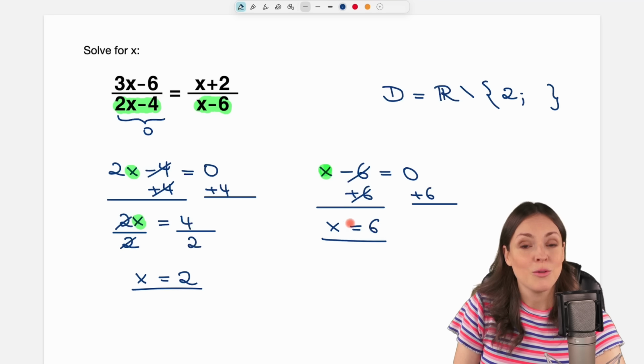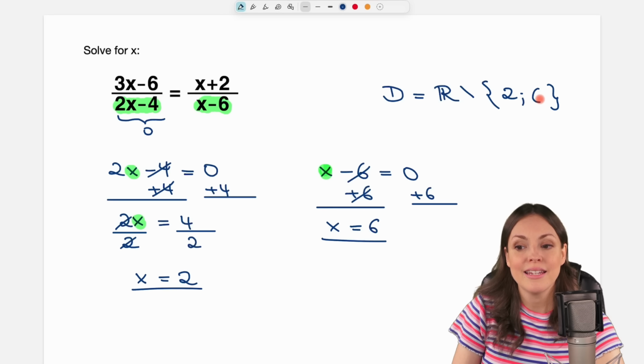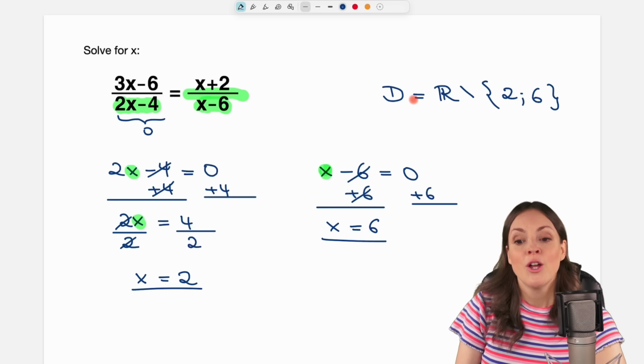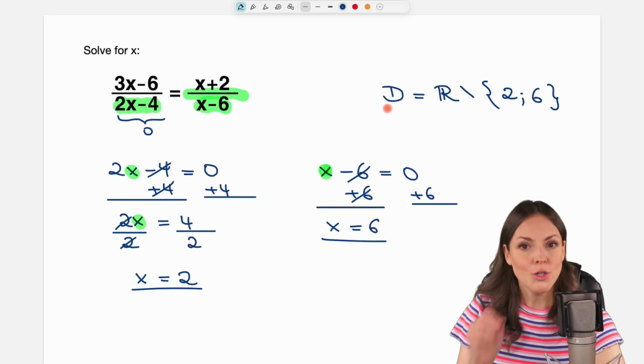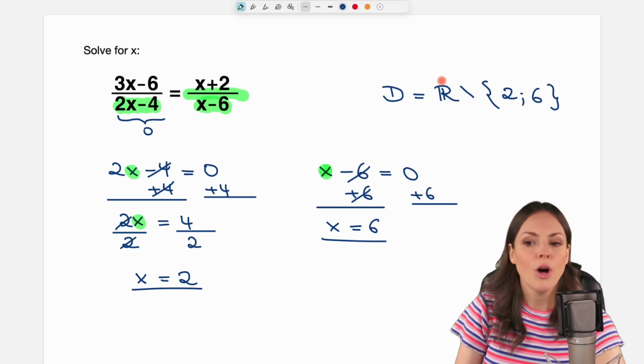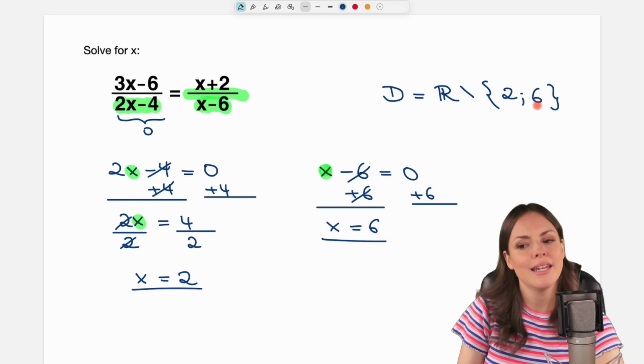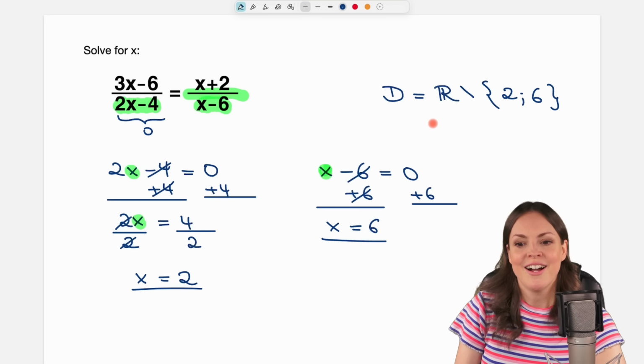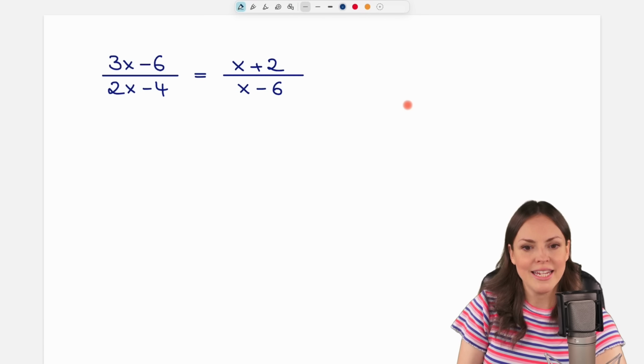So if x was 6, then this denominator would be equal to 0, and we would divide by 0. So our domain tells us you are allowed to insert all real numbers, but not the 2 and not the 6.